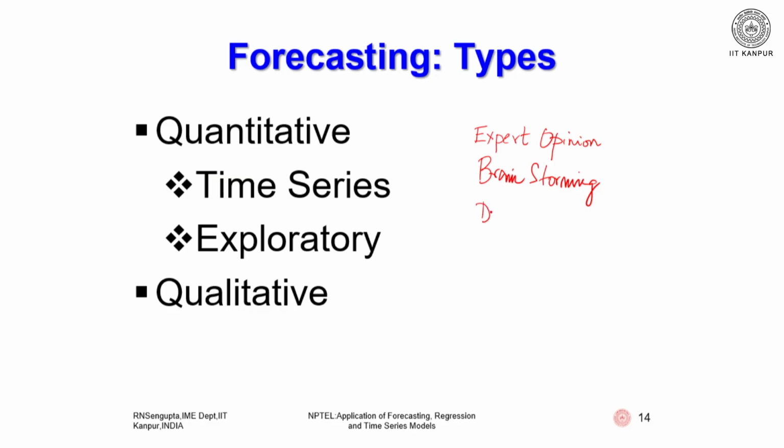Then there is the concept of the Delphi method, where ideas basically are analyzed depending on different scenarios. So, you also do the scenario analysis. So, depending on different scenarios, what is the situation?